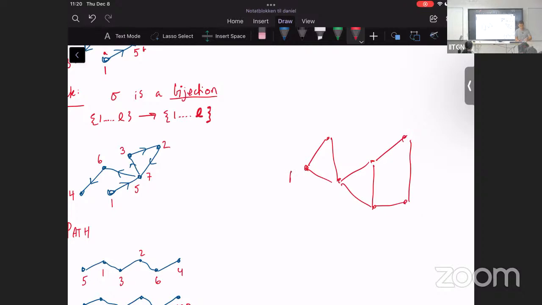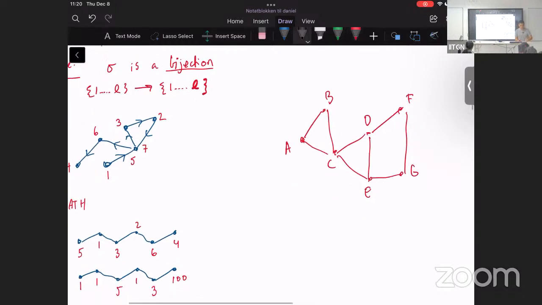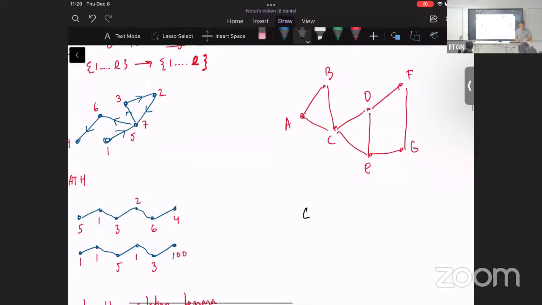A, B, C, D, E, F, G. What is a walk? A walk, for example, C, D, E, G, E. This is a walk. It's not a multi-labeled walk because it's just a walk. I haven't given any labeling.